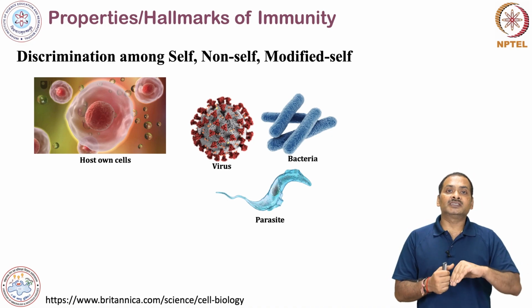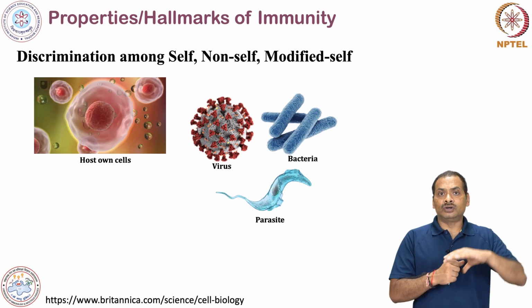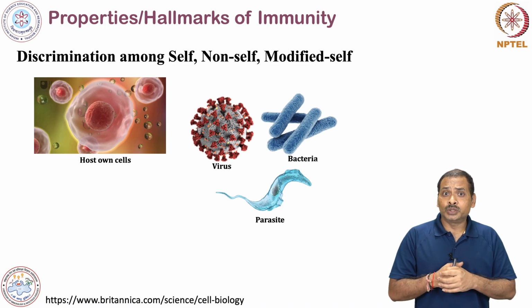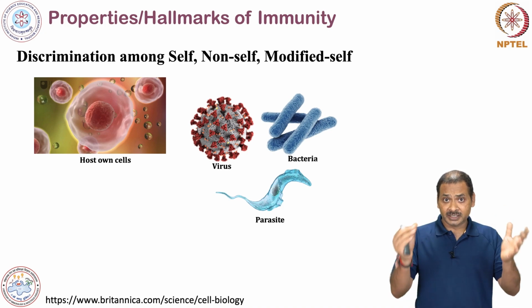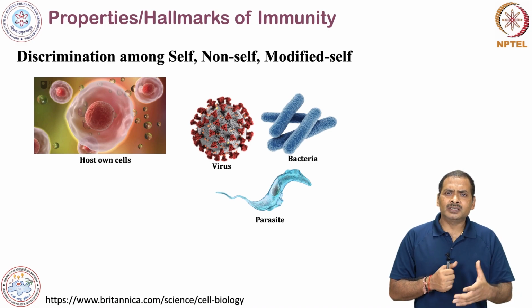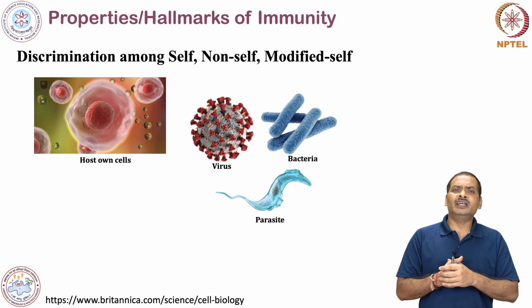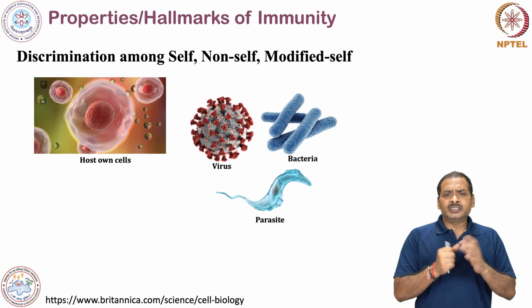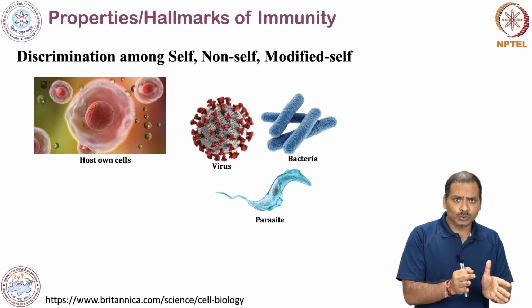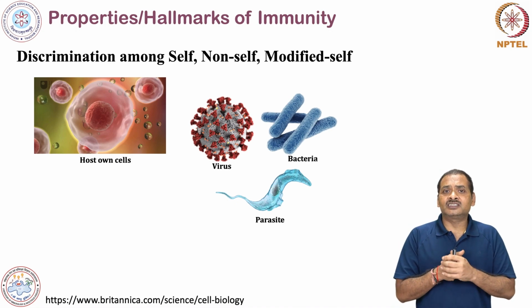For example, a virus has some protein on the envelope or on its surface, or there could be some protein present on bacteria, parasites, or fungi, and so on and so forth. So this can differentiate between pathogen and our own cells. This is a very unique and interesting feature.